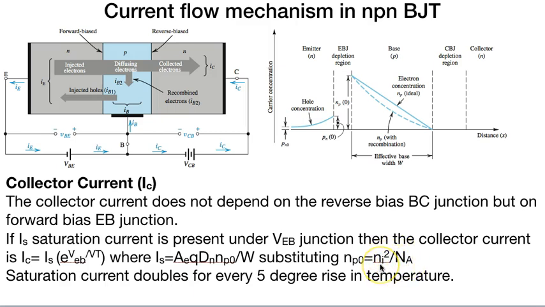They are the minority charge carriers. The saturation current doubles for every 5 degree rise in temperature. The collector current doubles for every 10 degree rise in temperature.